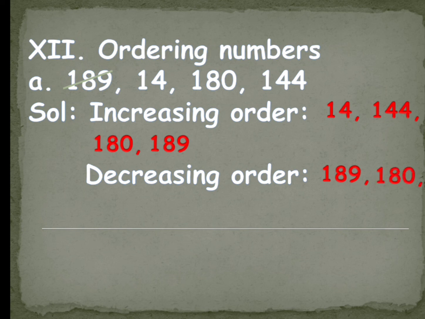So you'll write 180 and strike it off. Now between 14 and 144, which is the bigger number? 144. So you'll write 144 and strike it off. Finally, what is left out? 14 is left out, so you'll write 14. So in this way you need to write the increasing order and decreasing order.